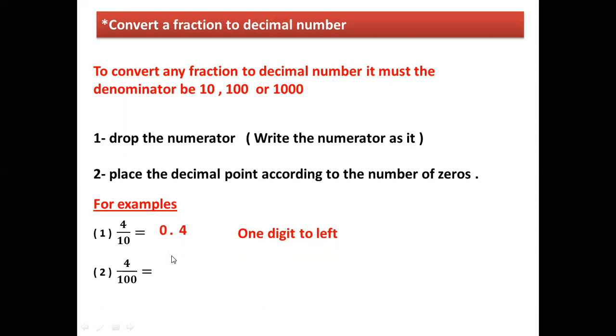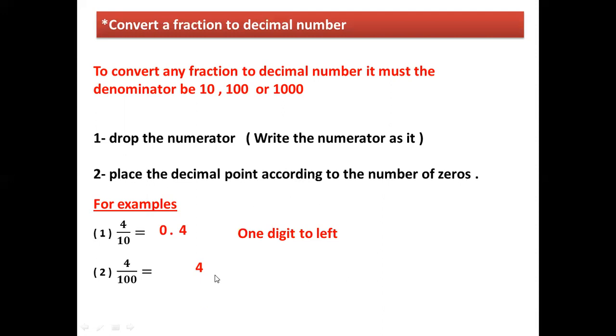Example number 2, 4 over 100. How can we write this fraction as a decimal? Similarly, by the same way. Look at the denominator. We have here 100. So the condition is available. So we will drop the numerator as it is. Then what else? We will put the decimal point after two digits because we have in the denominator two zeros beside 1.